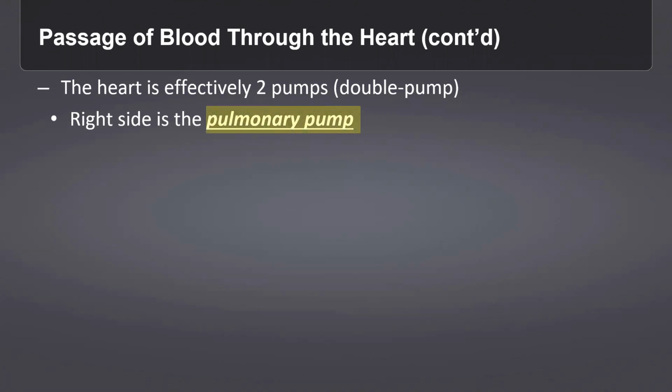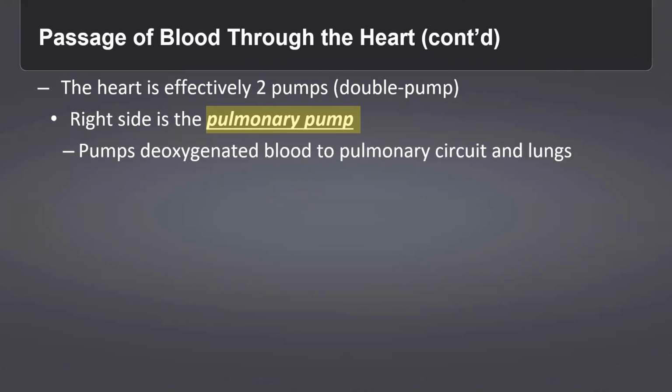Now, if you remember from yesterday, anything that has the word pulmonary deals with the, that's right, Ethne, the lungs. Anything cardiac deals with the heart, pulmonary deals with the lungs. So the right side of the heart, the right atrium and the right ventricle pumps deoxygenated blood to the pulmonary circuit and then goes to the lungs.